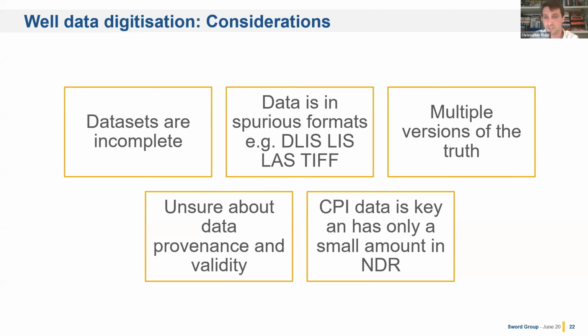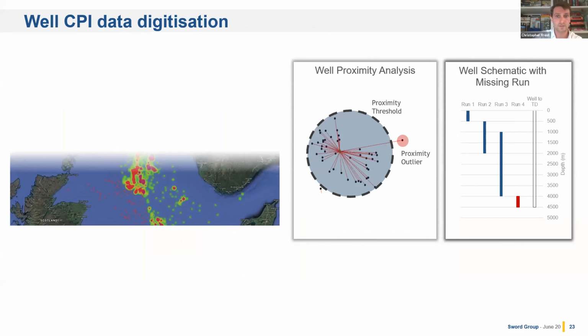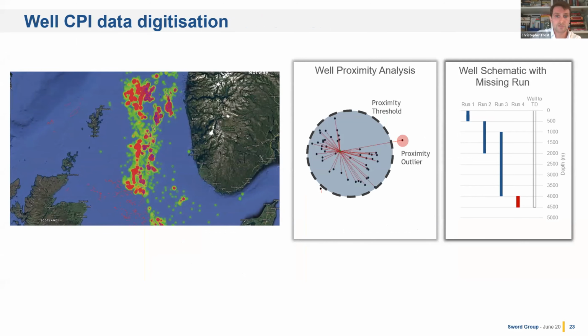CPI data is key. They only had a small amount in the NDR, so we undertook a concerted effort to use a few analytical approaches to find that data within the NDR in the image format and get that digitized. We did a bit of well proximity analysis to try and focus on wells that weren't in an area that was highly clustered.